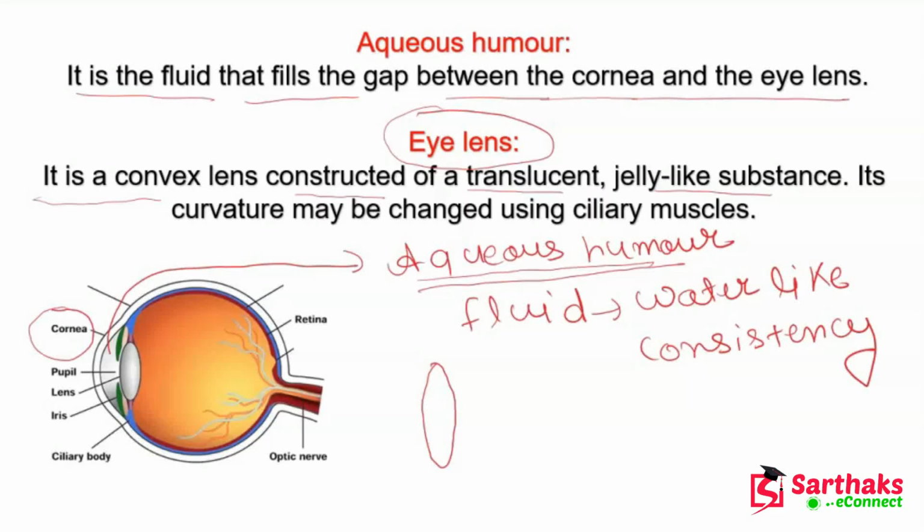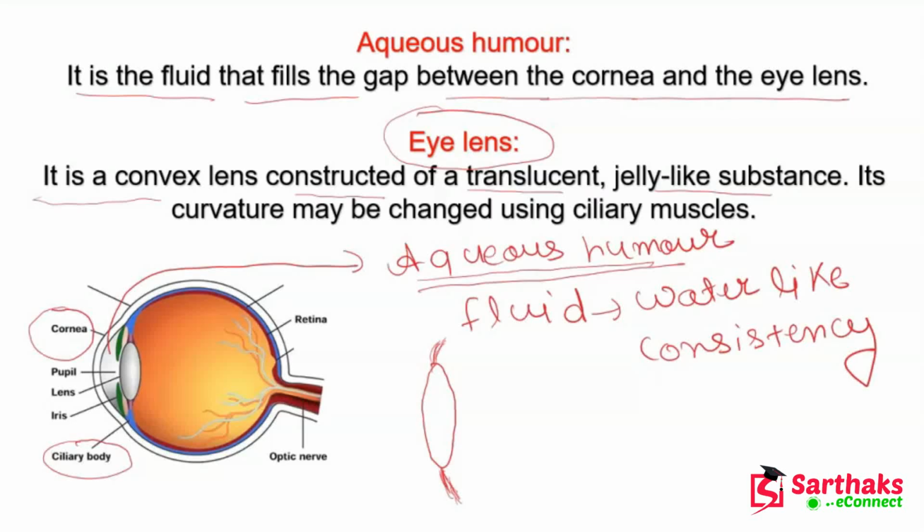So what do we have to do to change the focus of this lens? We have to change its curvature, and this curvature of the lens is changed with the help of the ciliary body or ciliary muscles. So ciliary muscles are like this, and they help change its curvature. Now how does it change it?